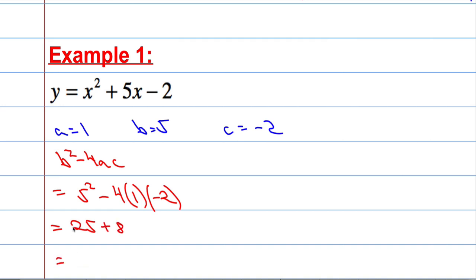So we get an answer of 25 plus 8, 33. So that's positive, it's greater than 0. 33 is greater than 0, so we get 2 roots or 2 solutions, which are your solutions.